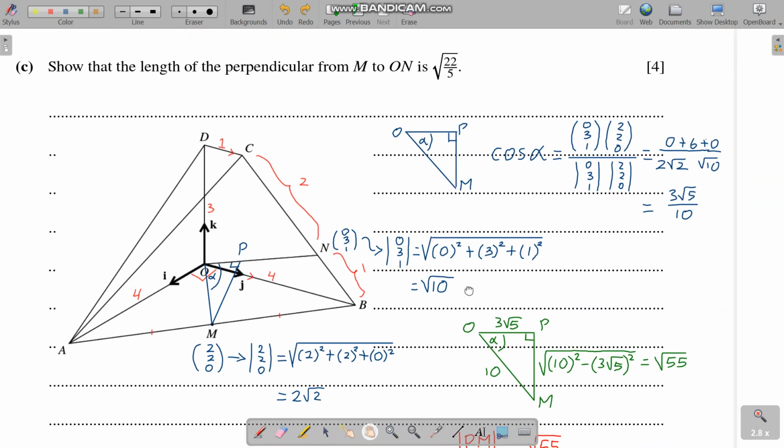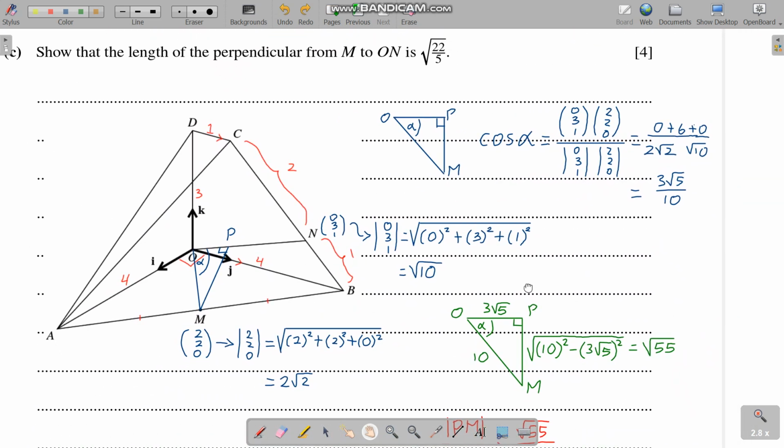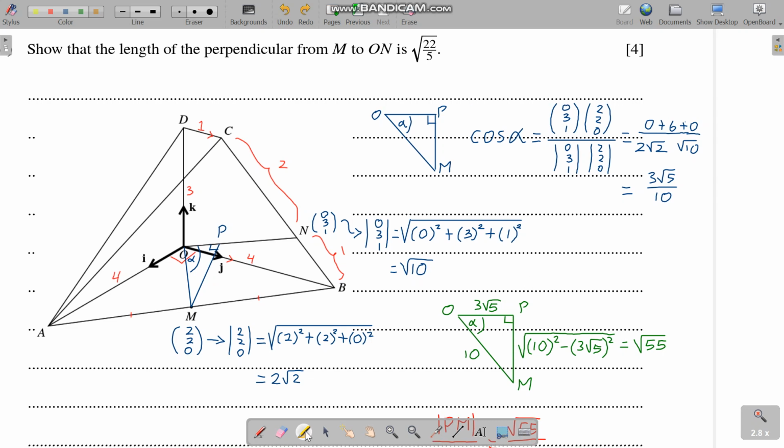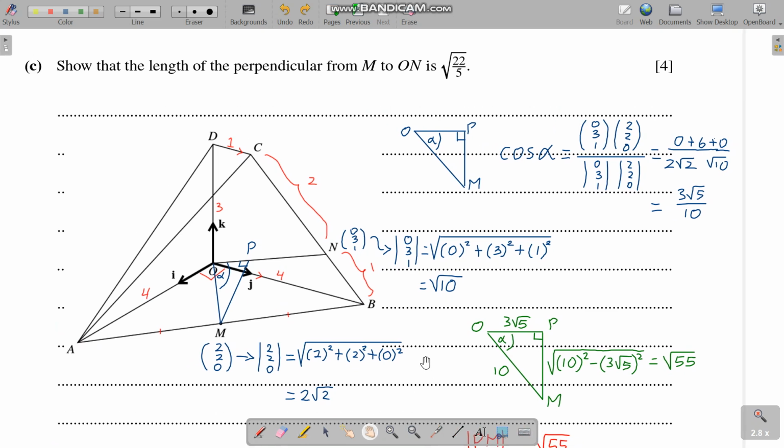Now show that the length of the perpendicular from M to ON. So if we know A and B, of course we can find M because it's in the middle. So OM is 2, 2, 0 because we go in this direction 2 units and in this direction 2 units, so 2i plus 2j and 0k.